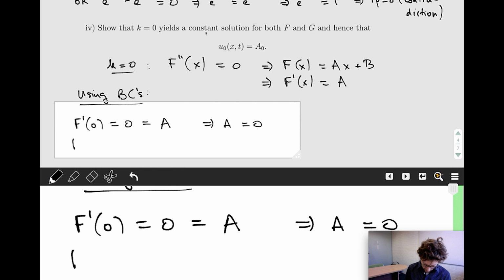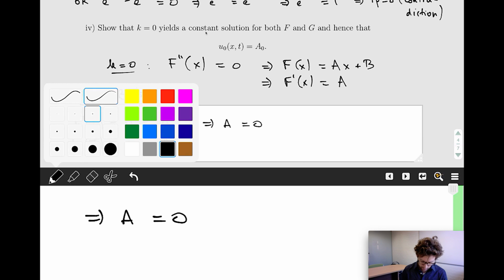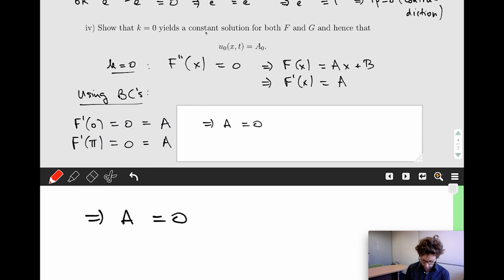And we have that the boundary condition at x is equal to pi also gives me a is equal to 0. So these two boundary conditions actually give me the same result. They give me a is equal to 0. But that leaves b. I haven't managed to figure out what b is. It remains as an unknown constant.